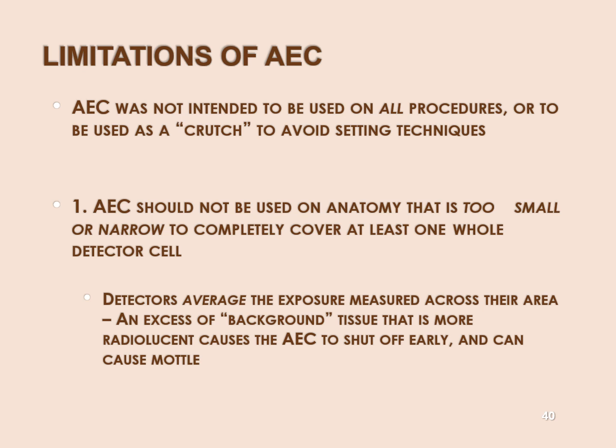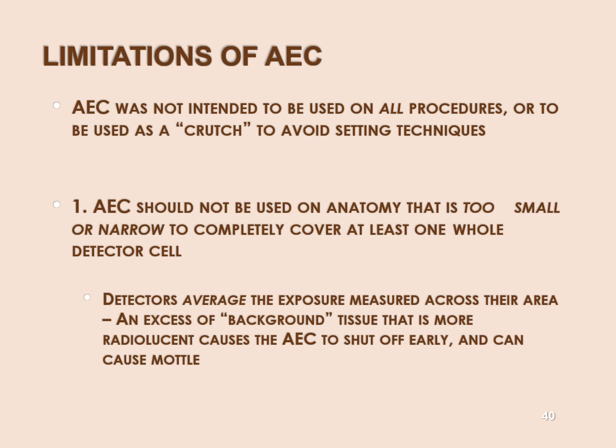AEC was not intended to be used on all procedures or to be used as a crutch to avoid setting techniques. AEC, if the body part or the anatomy of interest cannot cover the entire chamber, then you shouldn't be using AEC. The detectors average the exposure across the entire area.